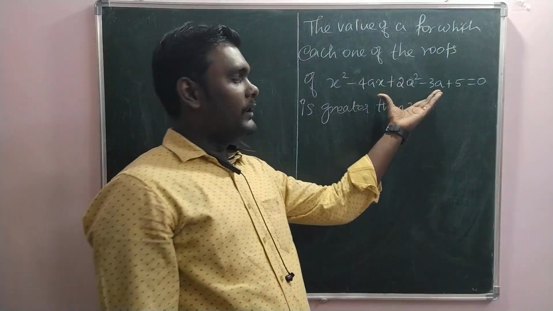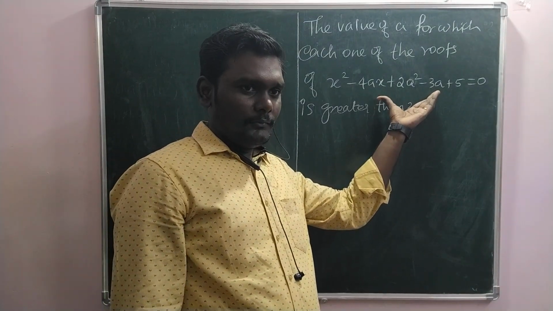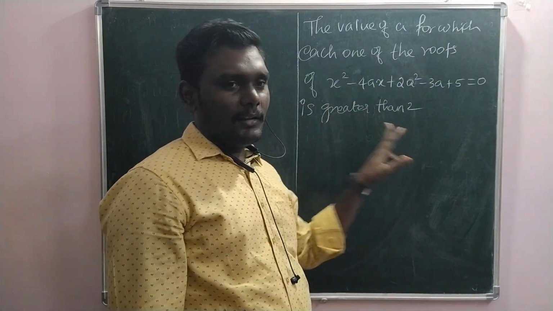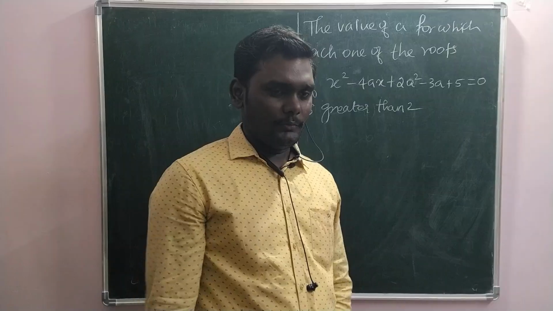Simply they gave one equation, man, and the detail given is each one of the roots is greater than 2. Both roots are greater than 2.